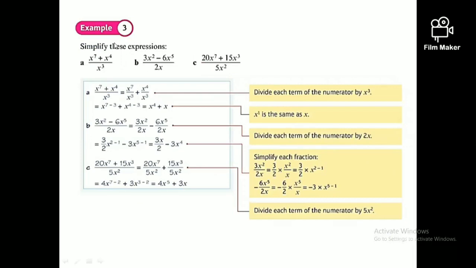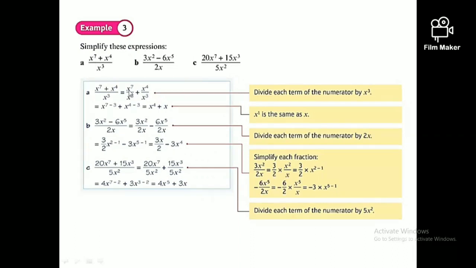Right. The next theory is simplify these expressions. Right. The question is x to the power 7 plus x to the power 4 divided by x to the power 3. If these terms are separated by additions or subtraction, and if the denominator is just a single term, you can divide these terms individually.